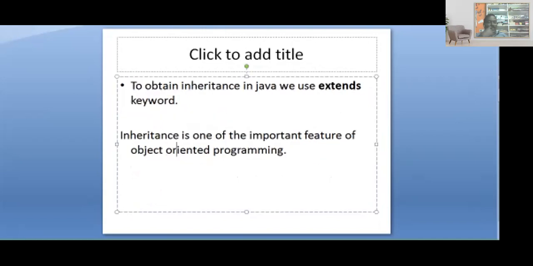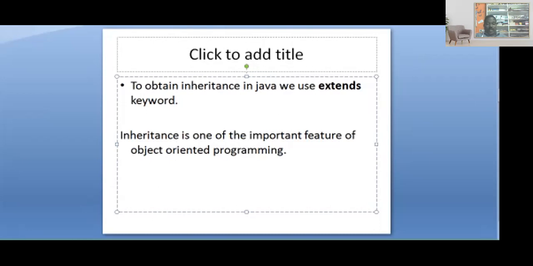So if you want to achieve inheritance in Java, which keyword is to be used? We have to use the extends keyword. The extends keyword is used in order to achieve inheritance in Java.